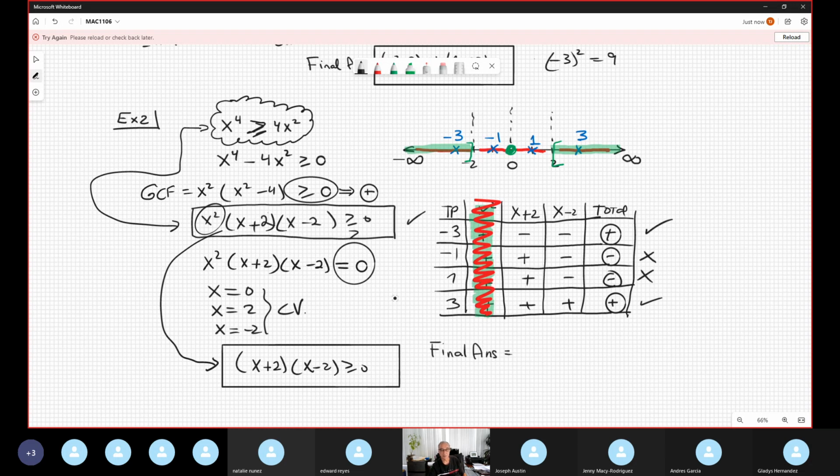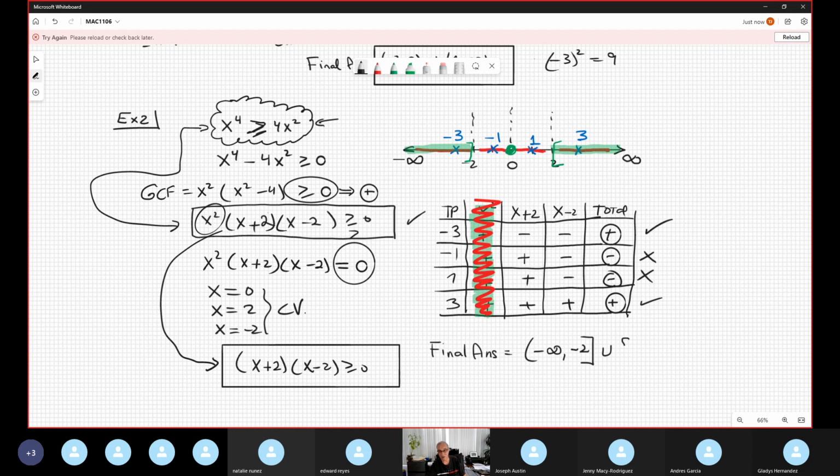it is: parenthesis, negative infinity, comma, -2 with a bracket to indicate that -2 belongs to the solution for this inequality, union, either way you write 0 or you write this interval, either way. I prefer to go from left to right.